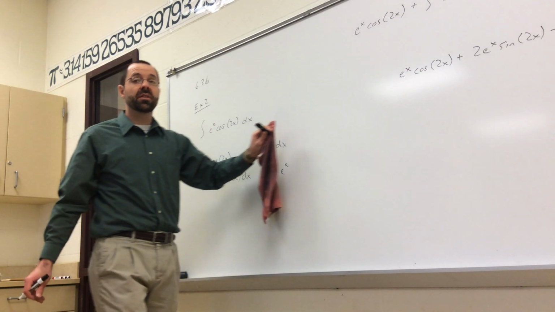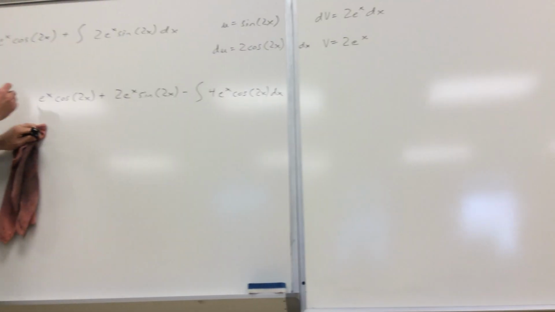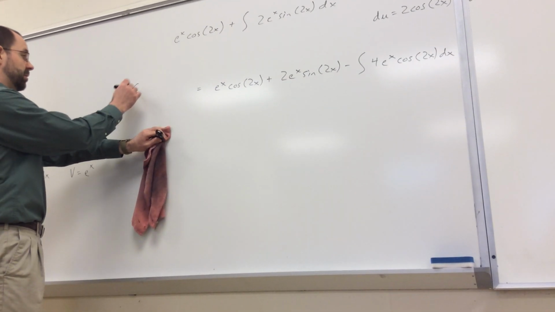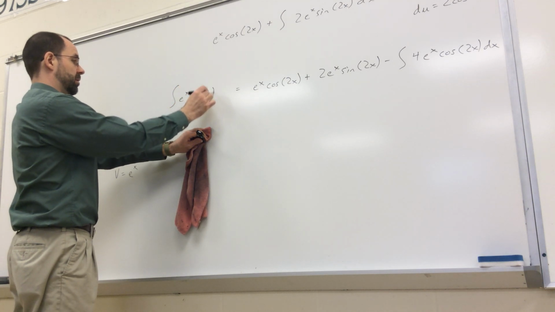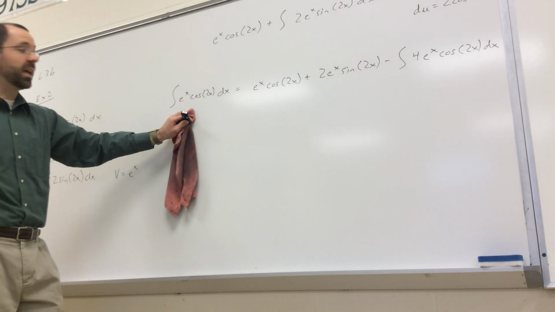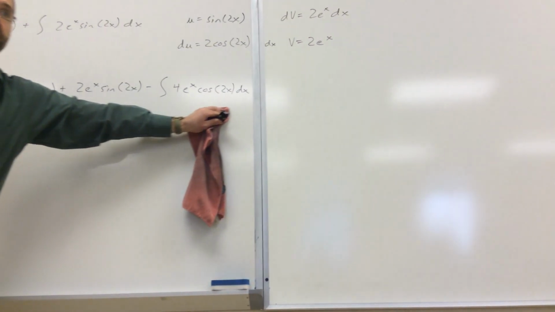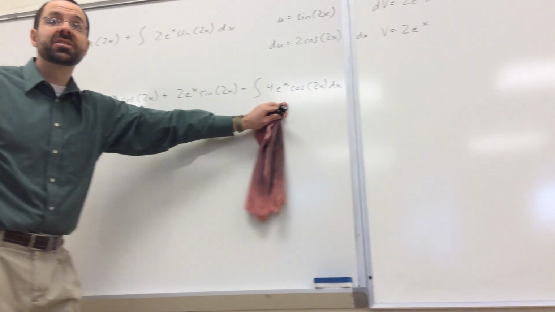Okay, but according to the theorem, this whole mess is equal to my original integral, right? So I was trying to figure out this integral, and I know that it equals this. So how about if I add this to the other side?